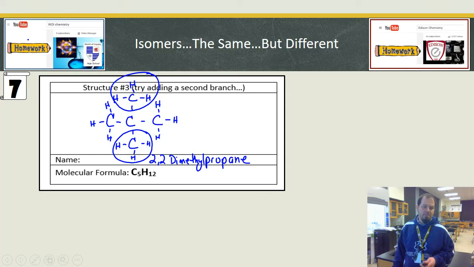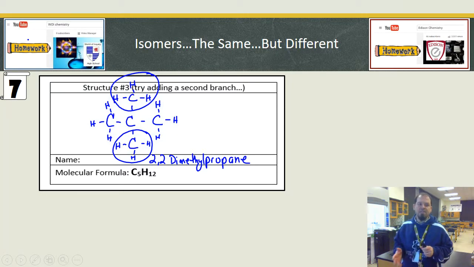Changing that bonding between the carbons will change the number of hydrogens, and we know that from the general formulas for alkanes, alkenes, and alkynes. Changing the bonding changes the number of hydrogens, and we can't have different numbers of atoms and still be an isomer. So that is the real take-home piece I want you to take from this.